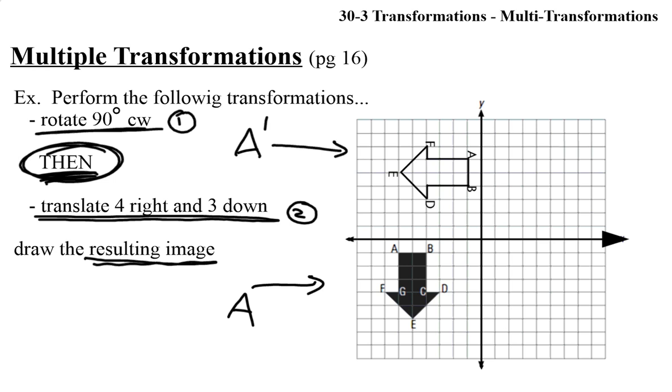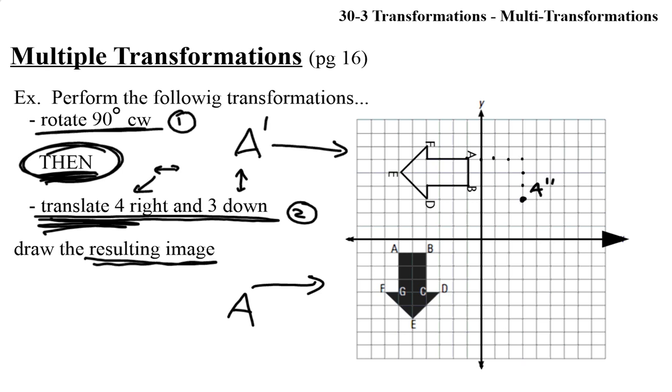Next, we want to draw a translation 4 right, always horizontal direction first, and 3 down. Remember, every point has to go through that. Now, I don't have to necessarily translate every point. I need to translate enough so I can draw this. So 4 right, I'll start with the A point. 4 right, and 3 down.